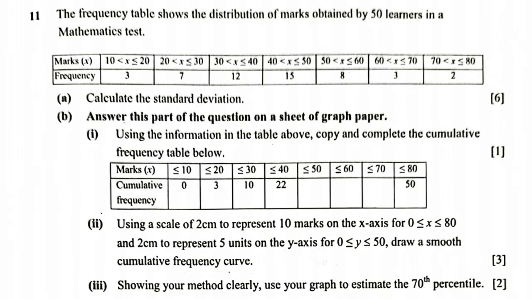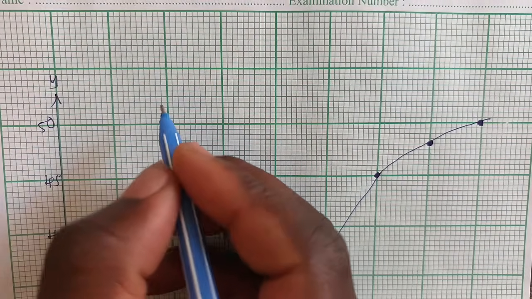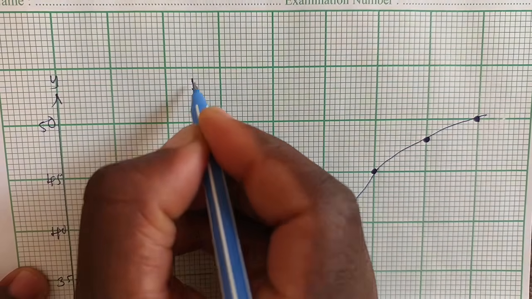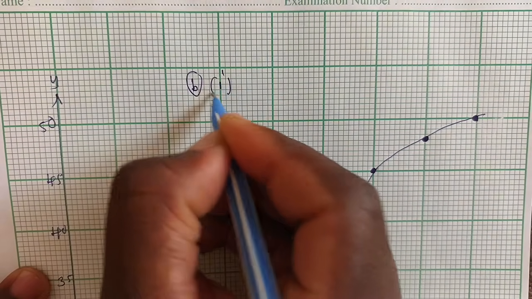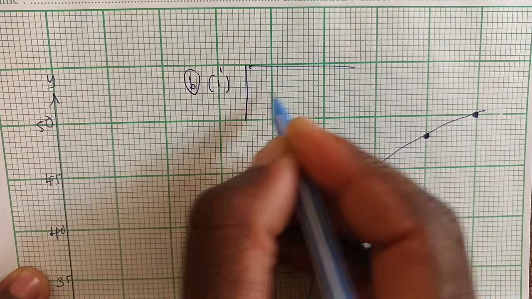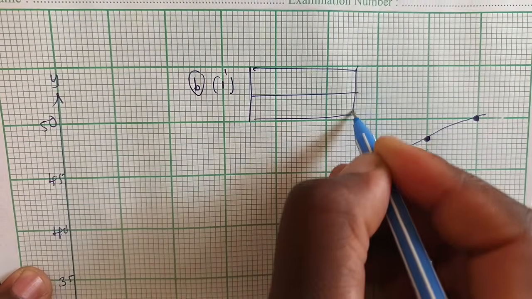The next question says, showing your method clearly, use your graph to estimate the 70th percentile. And by the way, before we go further, we can indicate that this is question B1, where we needed to find the missing numbers in the table.